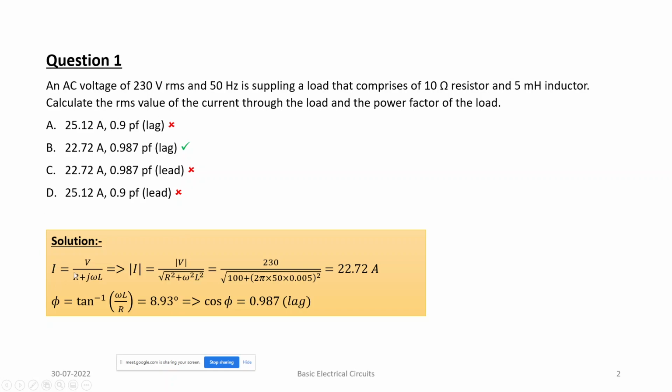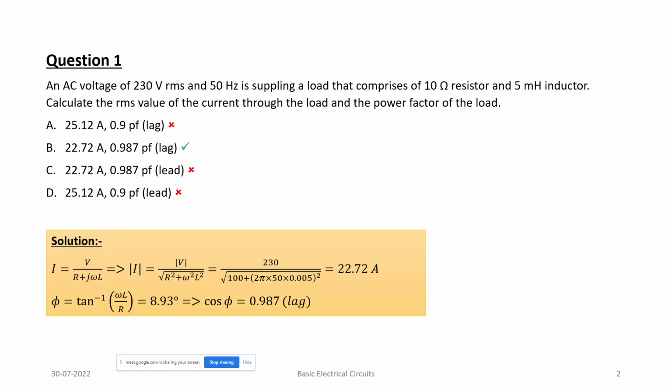So I equals V by R plus j omega L. We can calculate the magnitude of I, which is the RMS. So it's 22.72 amperes. To calculate the phase difference, we take tan inverse of omega L by R, and we get cos phi equals 0.987, which is lagging. Any question regarding question number 1? Any doubt?